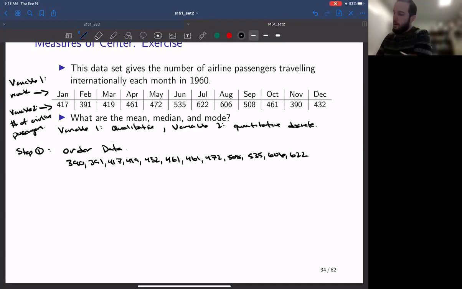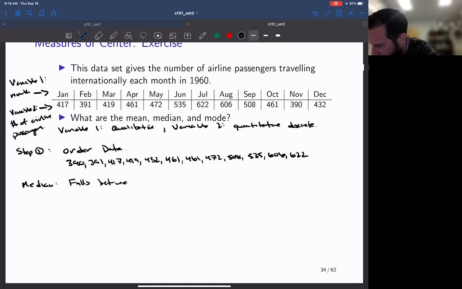All right. Okay, now let's do the median. It doesn't matter what order you do these calculations in, but I'll just start with the median. Okay, so we have 12 observations. So the median falls between 461 and 461.